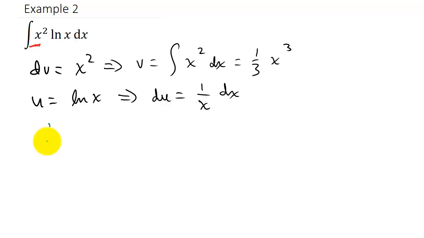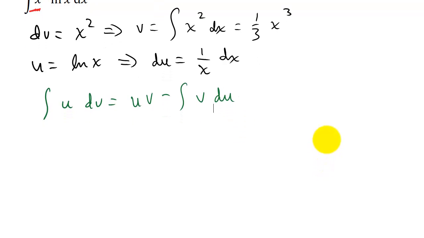So let's write the formula down. So we get the integral of u dv is equal to u times v minus the integral of v du. Alright, so now we have the integral x squared natural log x dx. I just rewrote the problem.